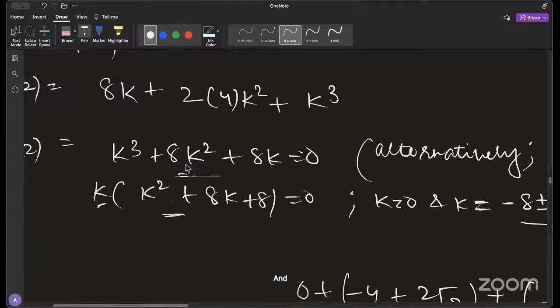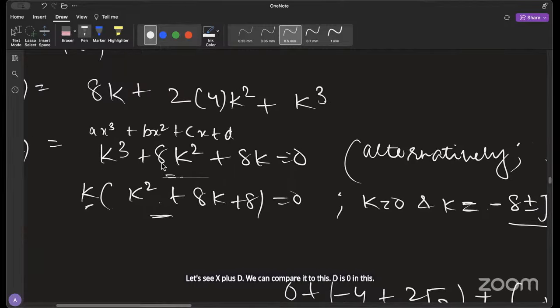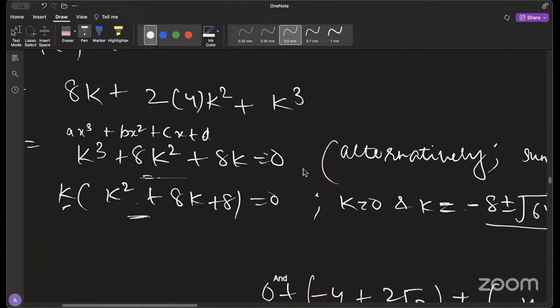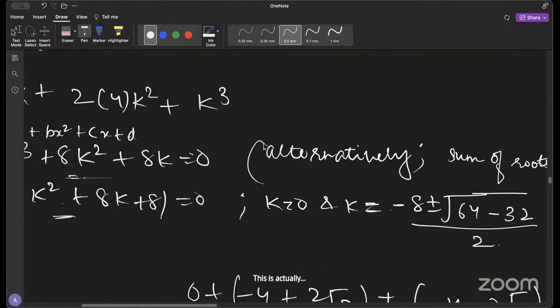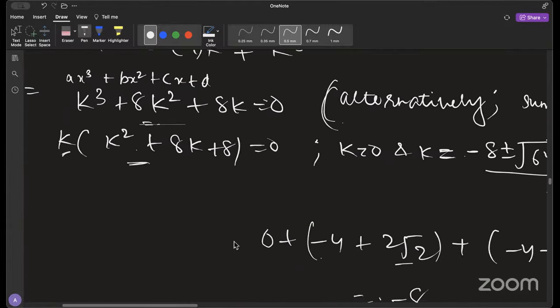If you compare it to the form ax cube plus bx square plus cx plus d, d is 0 in this, so your b is minus 8 and a is 1. So from here you have minus 8 by 1. That's also fine. This is actually a quicker route to find the solution.